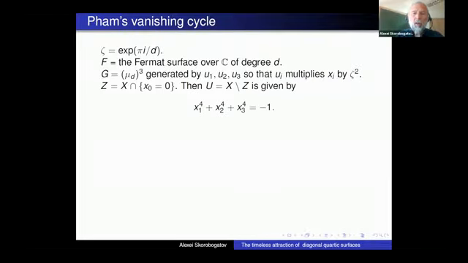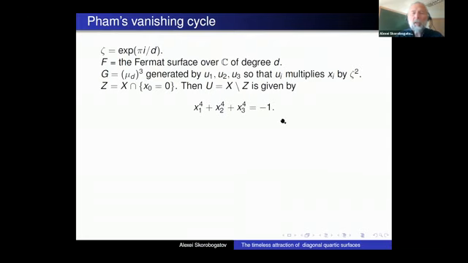And then Z is the coordinate hyperplane section. So for any d, this is just a smooth curve, the Fermat curve, and U is the complement.